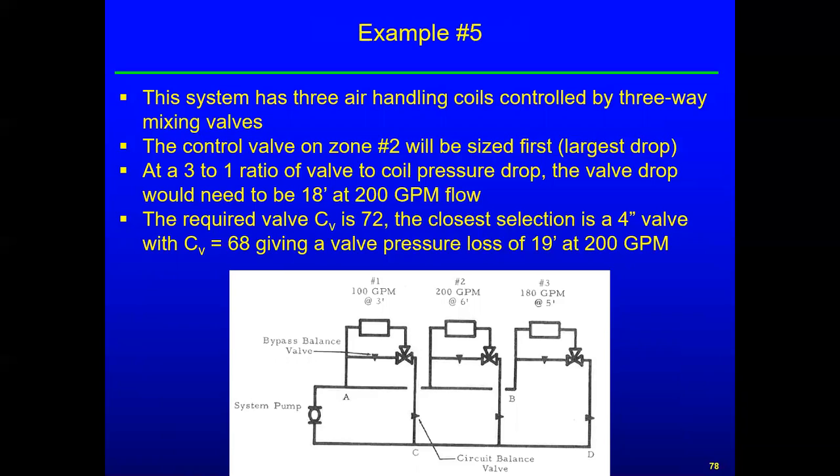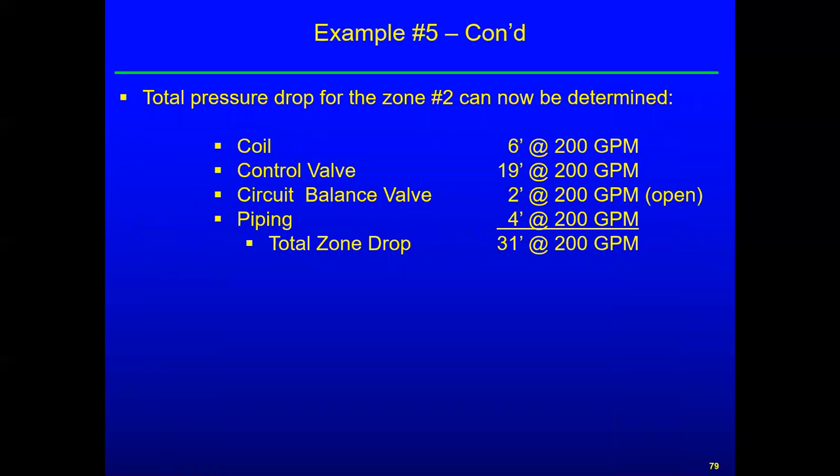And so at 68, that's going to give a pressure loss of 19 feet at 20 GPM. So again, when we look at the total for zone 2, we got the coil at 6, control valve at 19, balance valve at 2 wide open, and piping at 4. So that total zone drop is 31 feet.